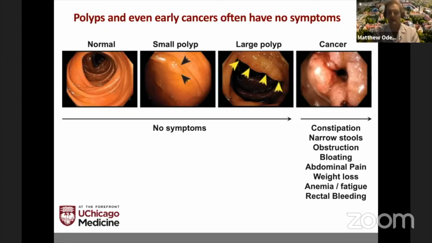This cancer here is actually a pretty advanced cancer that's causing almost obstructive symptoms, but it's usually the later stages that start developing symptoms, and these include pretty non-specific symptoms too. So constipation is one potential symptom, but people can be constipated for many reasons. People can have bloating for many reasons or abdominal pain for many reasons, and so there's not really one definitive set of symptoms for colon cancer itself.